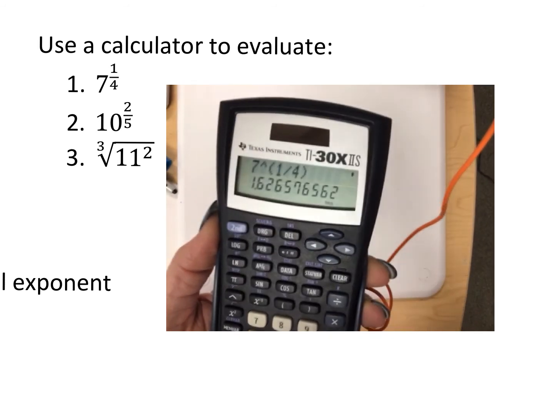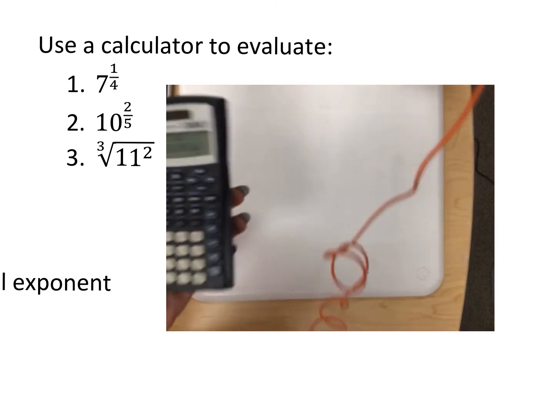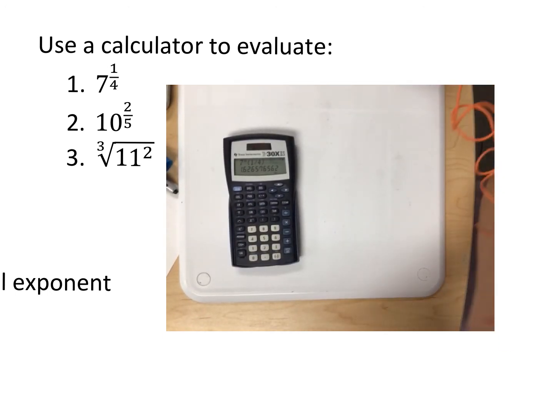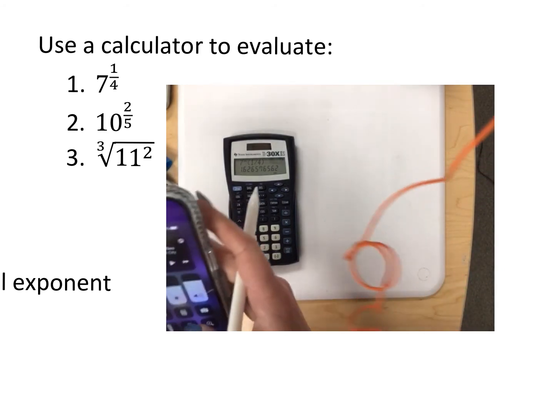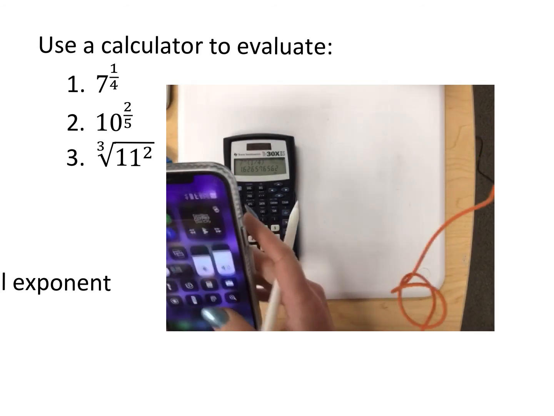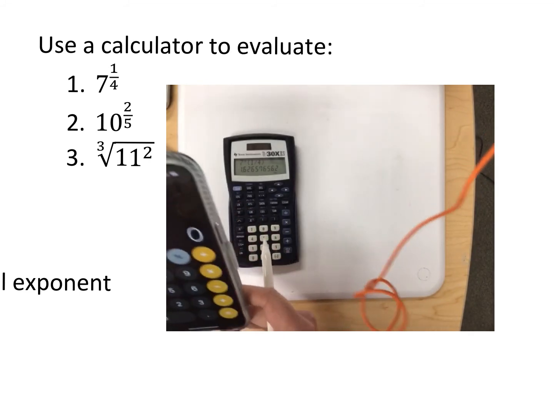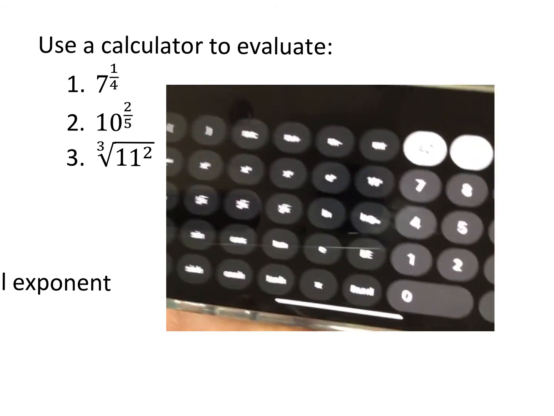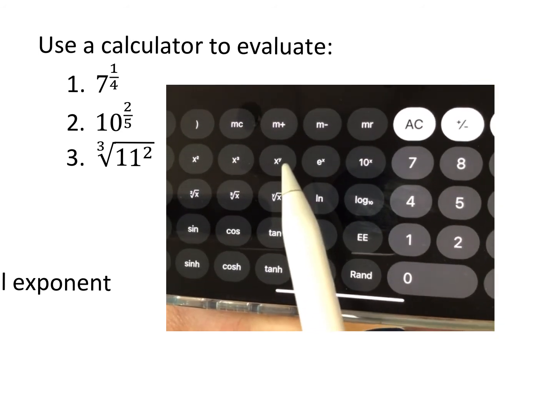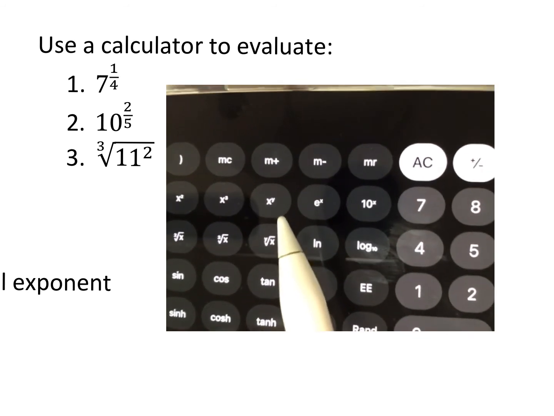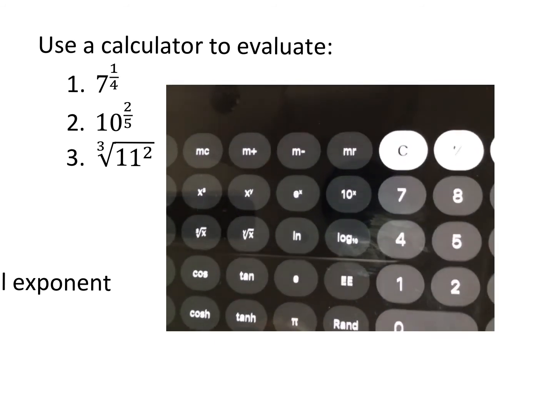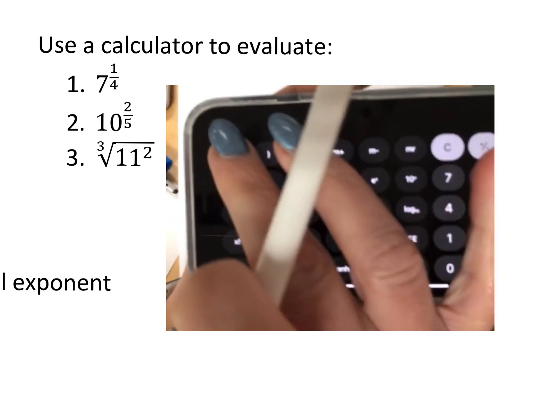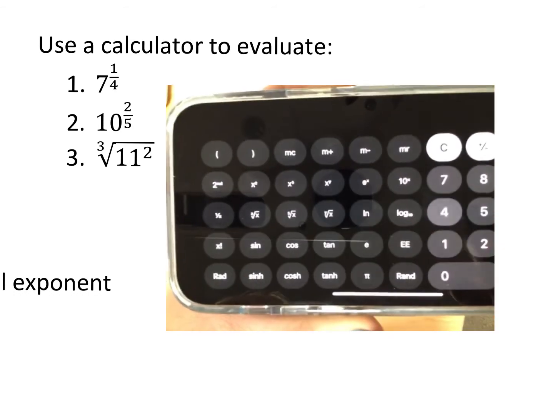Okay. Now, in the cell phone calculator, it's pretty much the same thing, but you have to know what key to use. In the cell phone, it's this button here, X to the Y. So you're going to hit 7, X to the Y key, and then you're going to use the parentheses, 1 divided by 4.